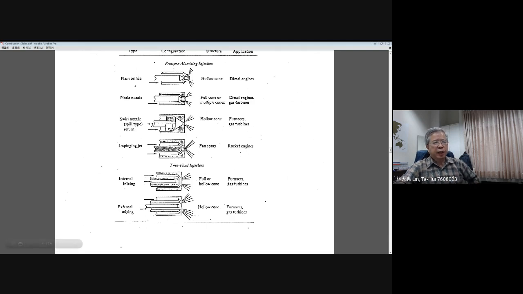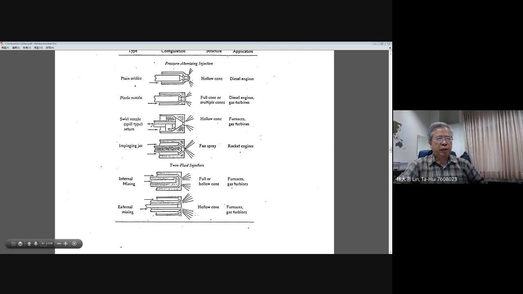And for these two types, there are some different applications. In the case of internal mixing, the mixing occurs in the inner region of the injector. When you apply the steam or fuel with pressure, there is some kind of danger. Sometimes you will have a larger fuel pressure, and it will push the fuel, and this fuel has some kind of reverse mixing, which produces some influence on the mixing.